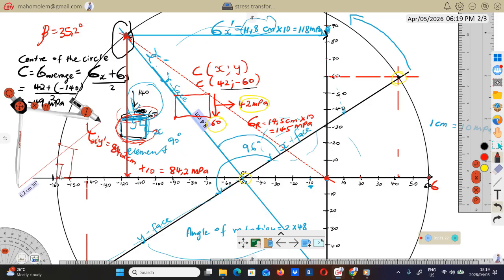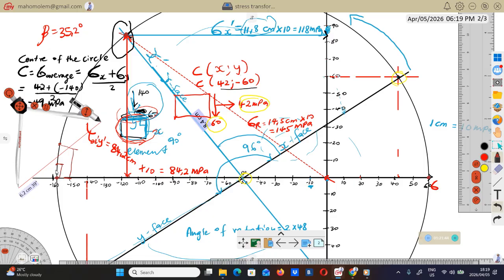So that's why there is no shear stress at this point and at this point. You'll only find one stress, which is normal stress. That normal stress is the principal stress at the same time, since there is no shear stress.